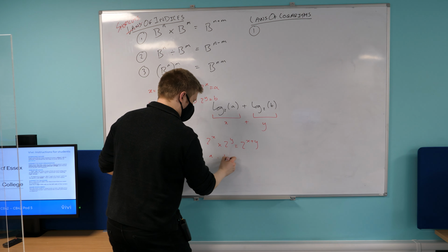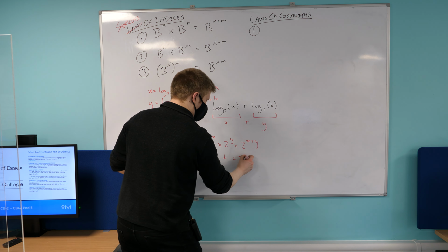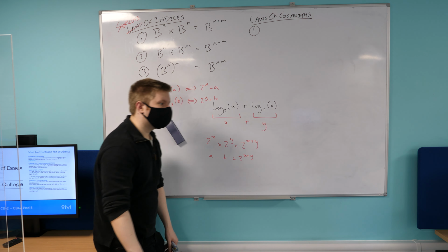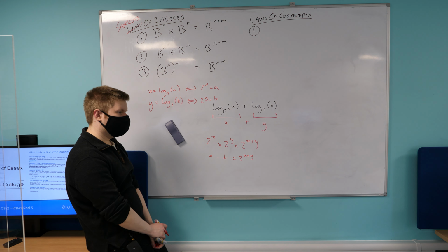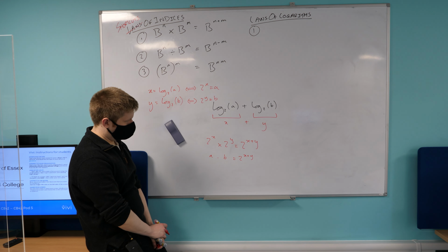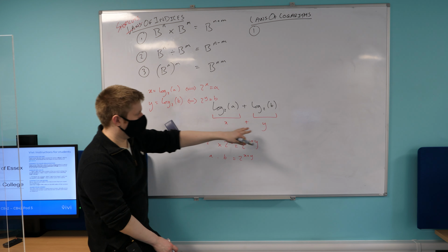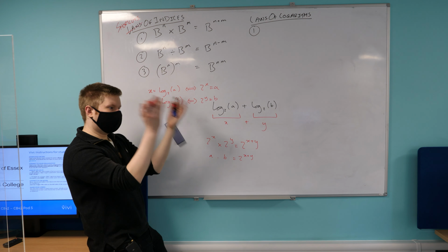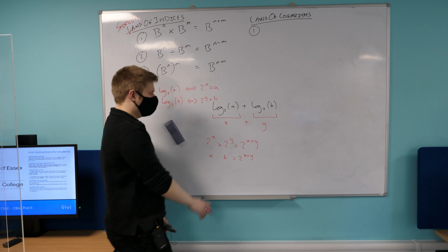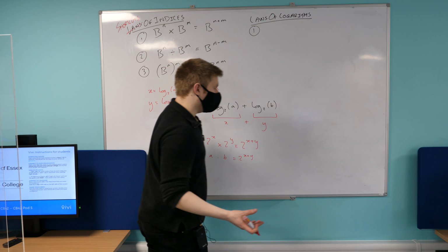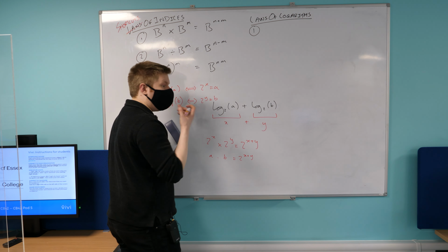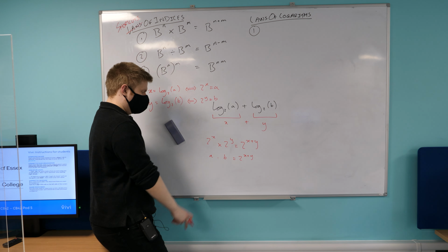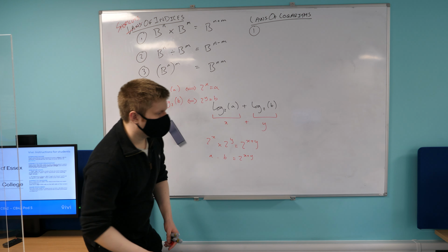So on the left-hand side I've got a times b equals 2 to the power of x plus y. Just by noticing that I'm adding two logarithms, talking in terms of the powers, and realizing I know a law of indices where I add the powers, I'm able to get to there.